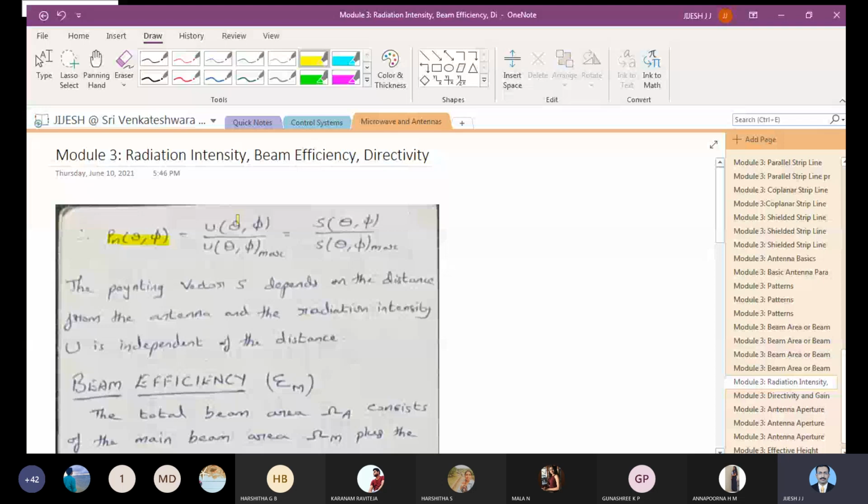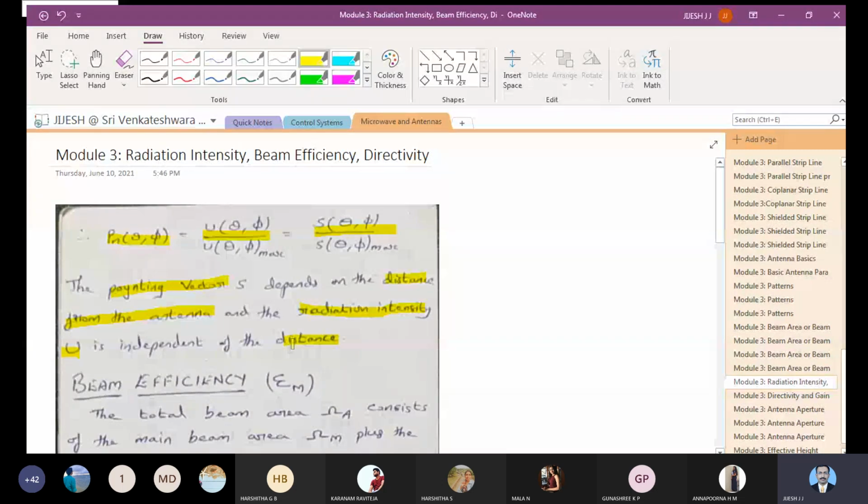S is denoted as the pointing vector, and it depends on the distance from the antenna, whereas the radiation intensity U is independent of distance. So S depends on how much distance there is from the antenna, while U is not concerned with the antenna distance and those things.